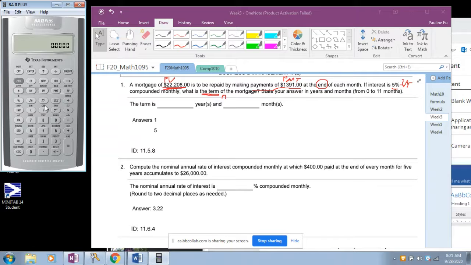Now enter the number 22,208. This number is PV. 1,391. This number is negative PMT. And interest is 5, I/Y. Remember, you need to enter 4 numbers when you use the calculator.